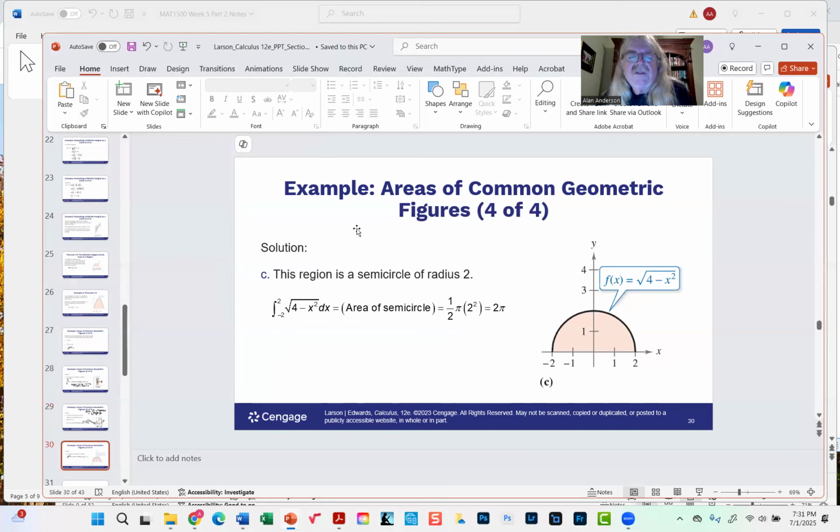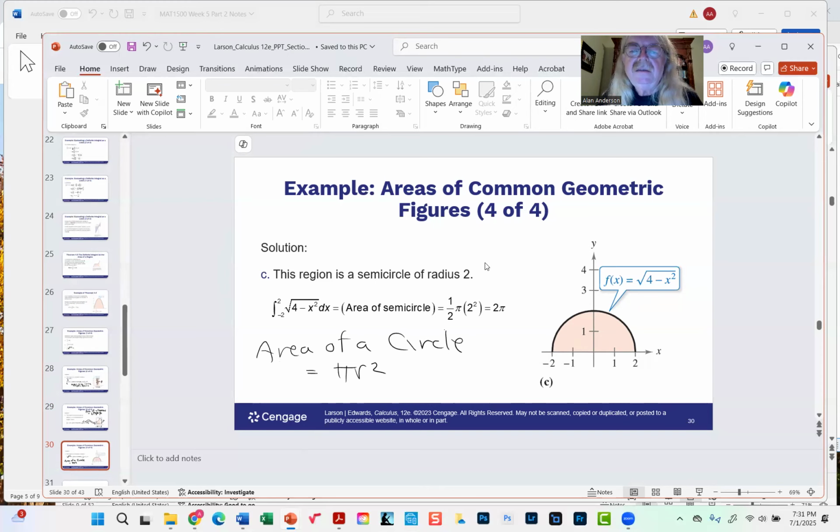This is a semicircle. Now, the area of a circle is pi r squared. But we're only looking at half of it. That's where that 1/2 is coming from.